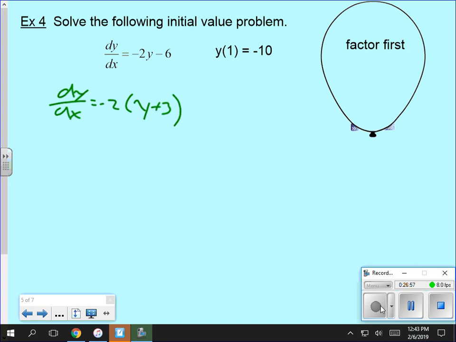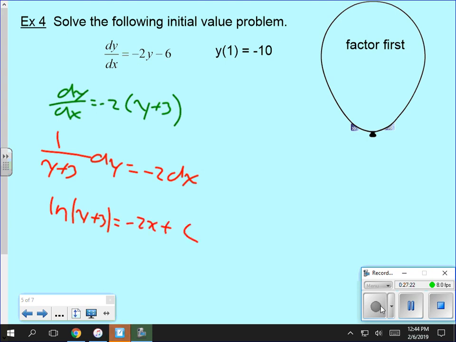So from here, I split it, divide by y plus 3. I have 1 over y plus 3 dy is equal to negative 2 dx. So I end up with the natural log of the absolute value of y plus 3 equals negative 2x plus c.